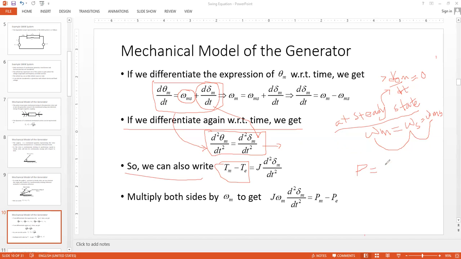So P equals tau into omega. We already have the expression in terms of torque. Now we want the same expression in terms of power. So we simply multiply both sides by omega m. So J omega m d square delta m by dt square equals Pm minus Pe, using this relation over here.